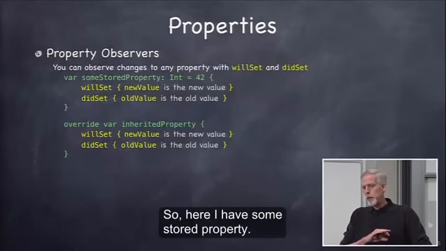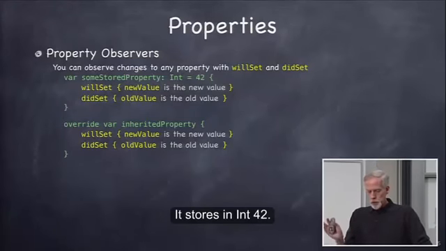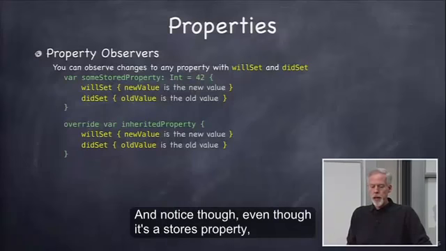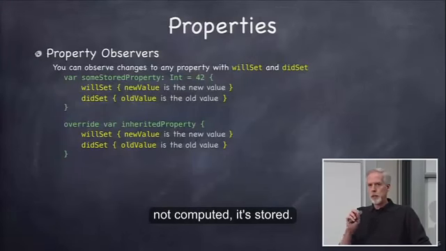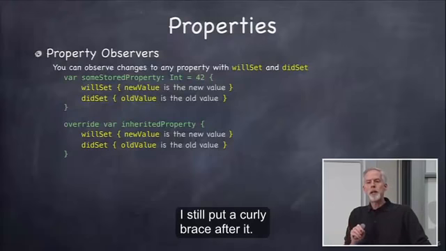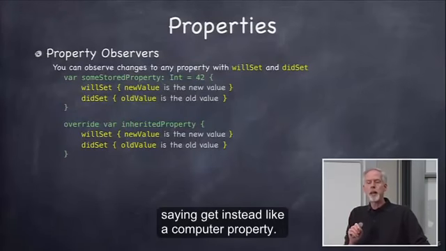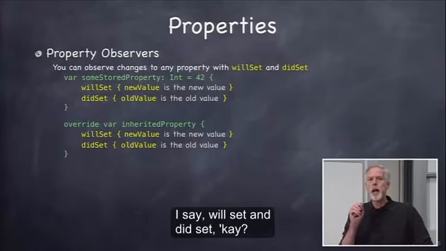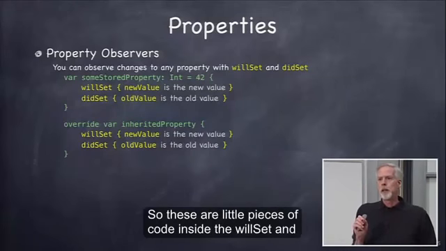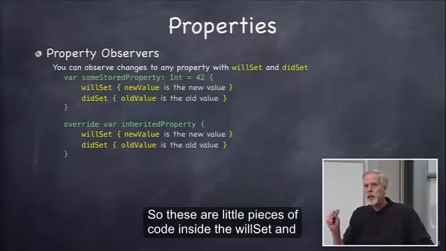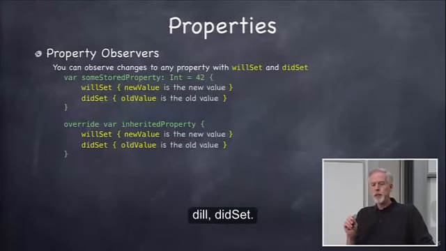So here I have some stored property. It stores an int, 42. And notice that even though it's a stored property, not computed, I still put a curly brace after it. But in that curly brace, instead of saying get and set like a computed property, I say willSet and didSet. These are little pieces of code inside the willSet and didSet.